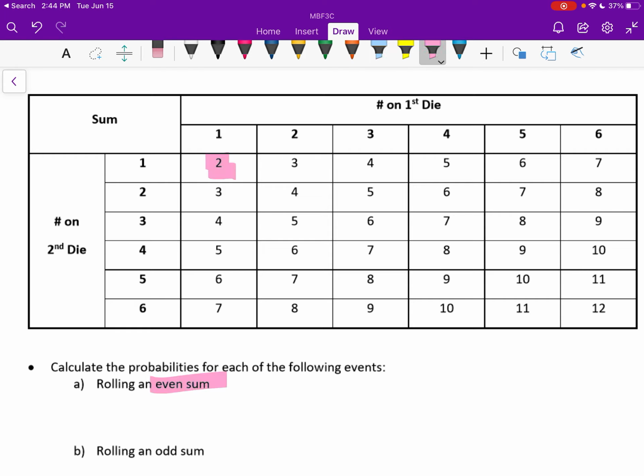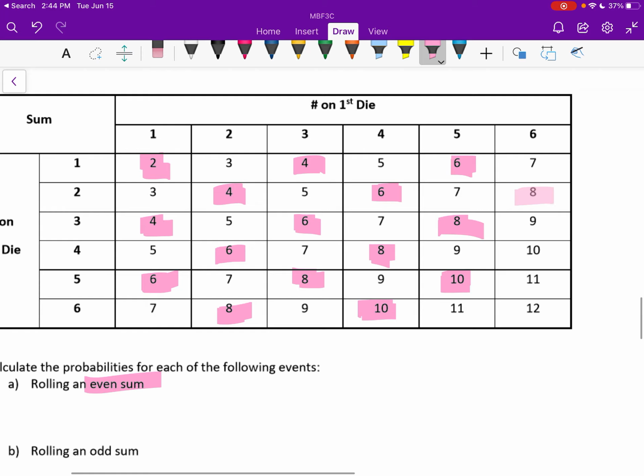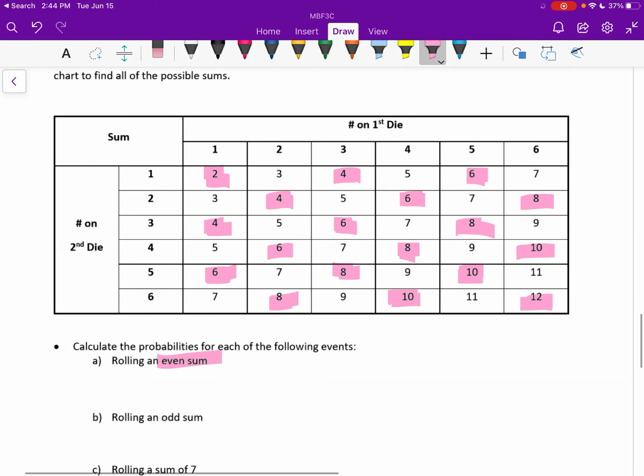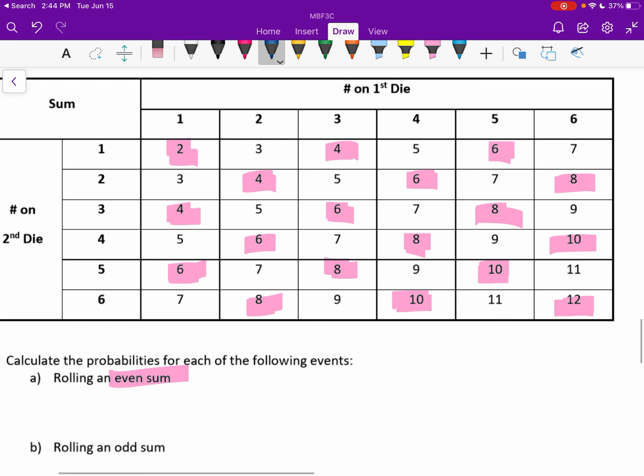So I have 2, 4, 6, 4, 6, 8, 4, 6, 8, 6, 8, 10, 6, 8, 10, 8, 10, 12.